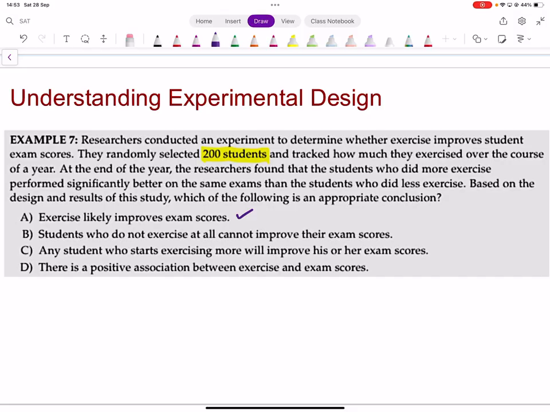Isn't that what the study is about? The people who are doing exercise, they're getting better scores. But can we conclude that from this information? It's just two things happening at the same time. We cannot say for sure that it's exercise that is causing their scores to be better. It's just two things happening at the same time. Okay?